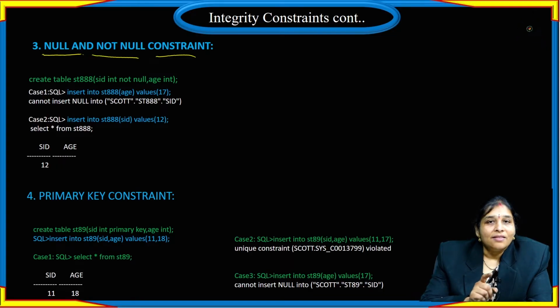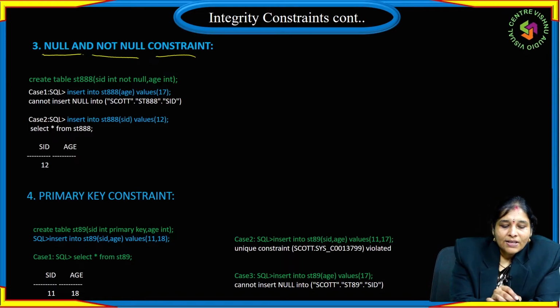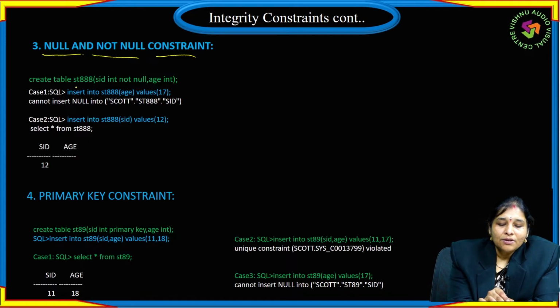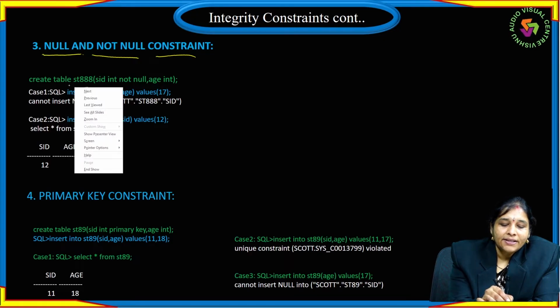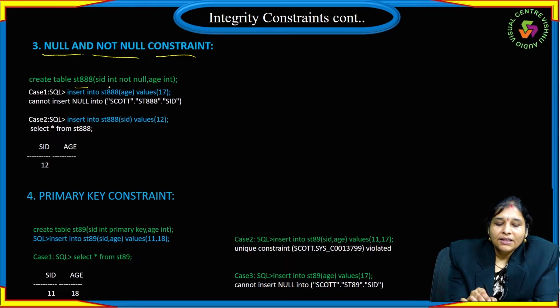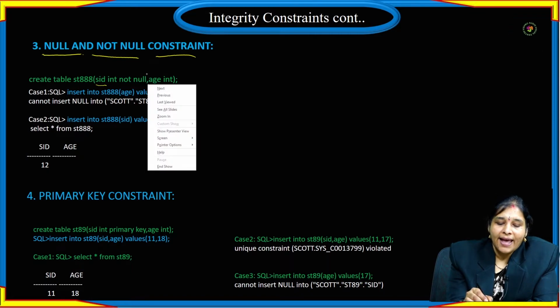Then the user is not supposed to enter null or empty values. Now let us check how we are going to declare this and how we are going to see whether it's violated or not. Once again, I created table student 888 with two fields, first field SID and second field age.